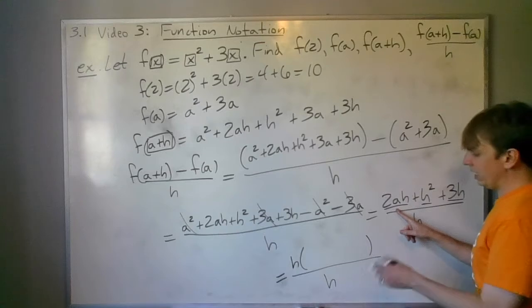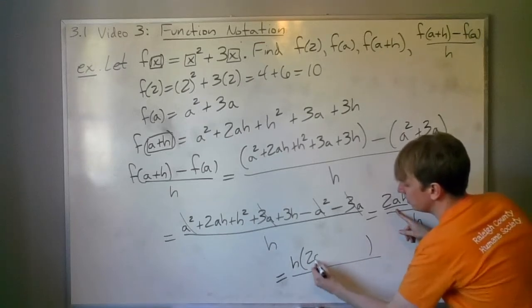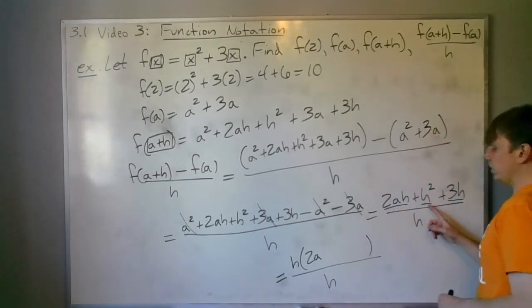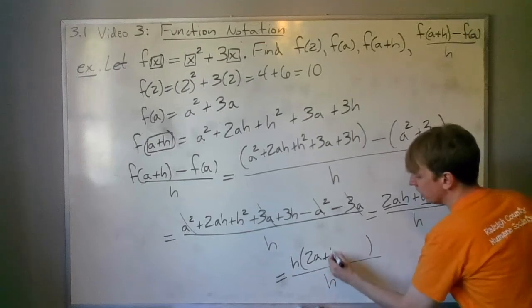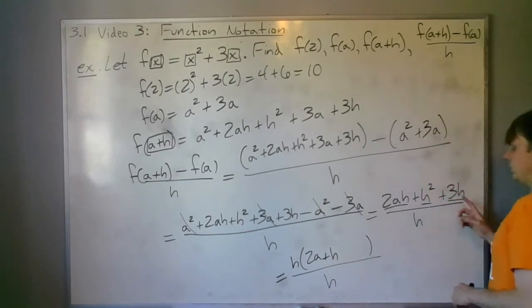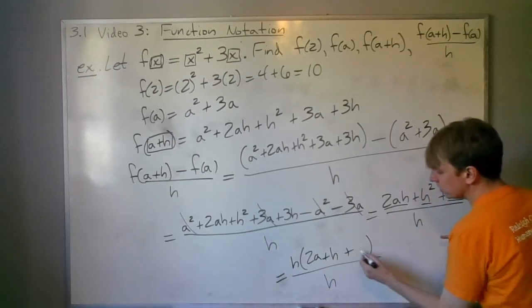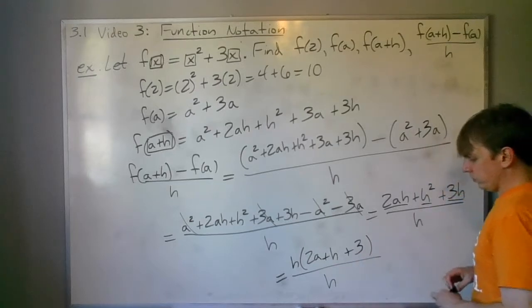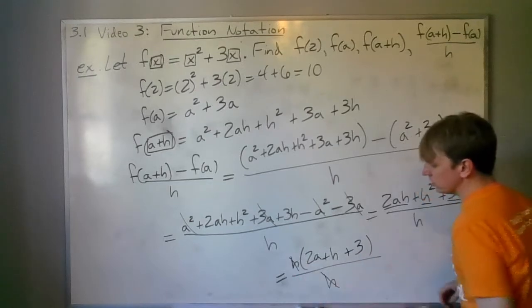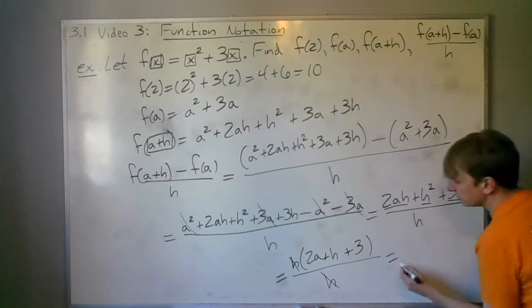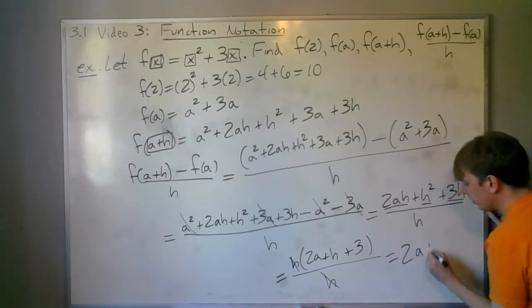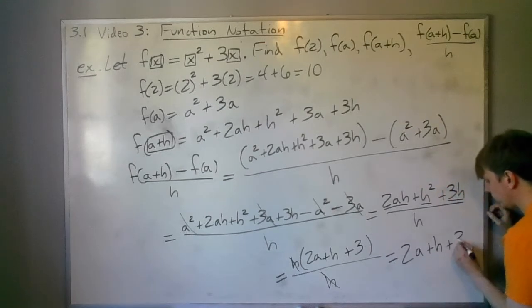So I guess it has to be h times 2a. h times something is h squared, so I guess it's an h. And h times something is 3h, which is 3. So my h's cancel, and I get as an answer 2a plus h plus 3.